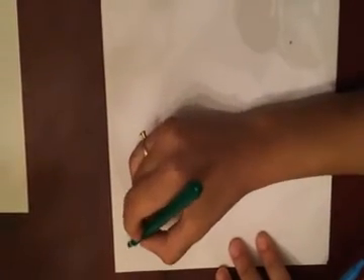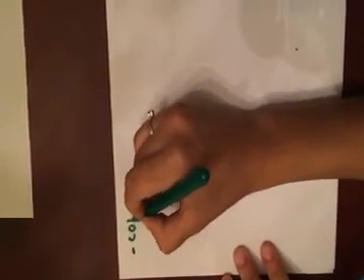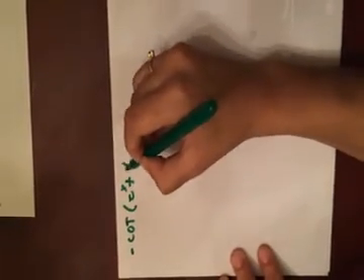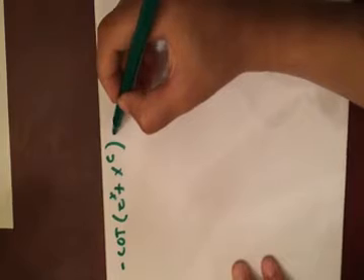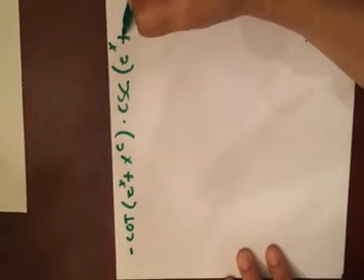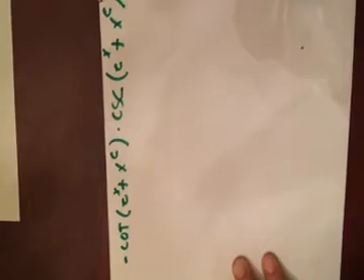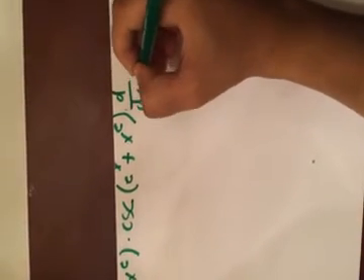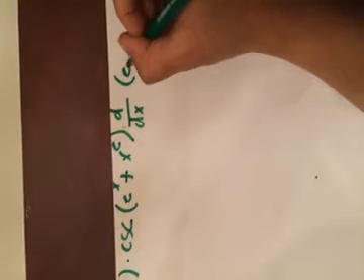To continue the exercise, we put negative cotangent. Let's rewrite what we did: plus x to the e power, distributive property, cosecant of e to the x power plus x to the e power, times the derivative of the second.